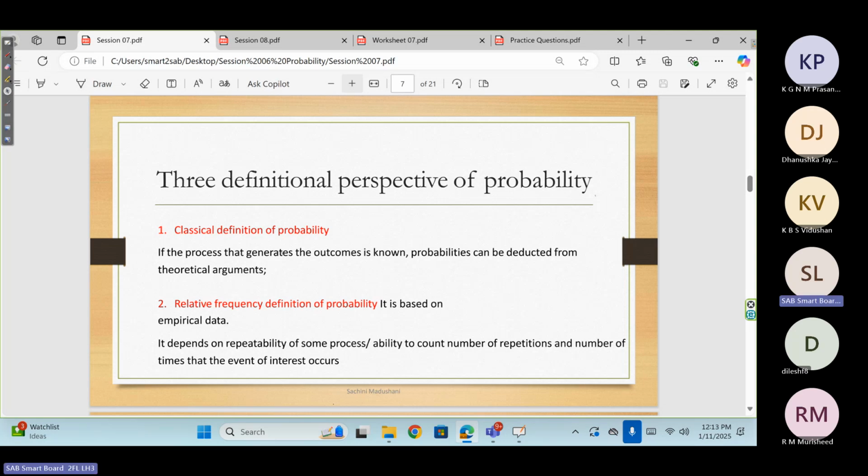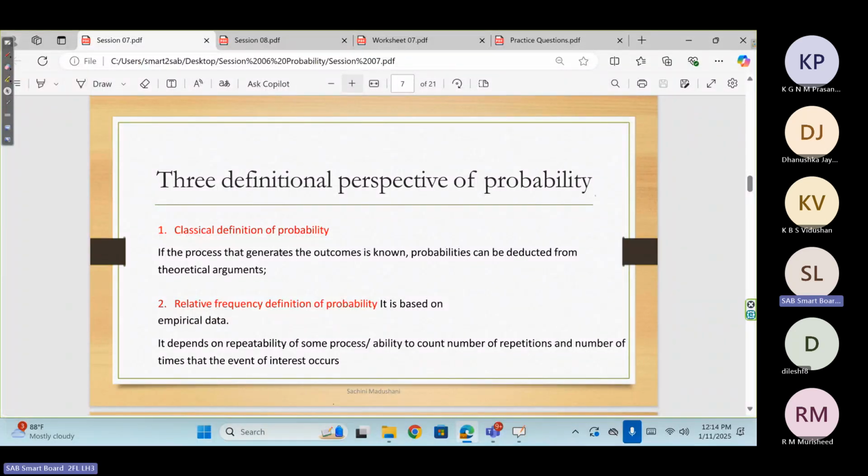Here we should do the experiment, then looking at the results of the experiment, after that we can say this is the probability. We should always conduct the experiment to get the probability under the relative frequency approach. It's clear?